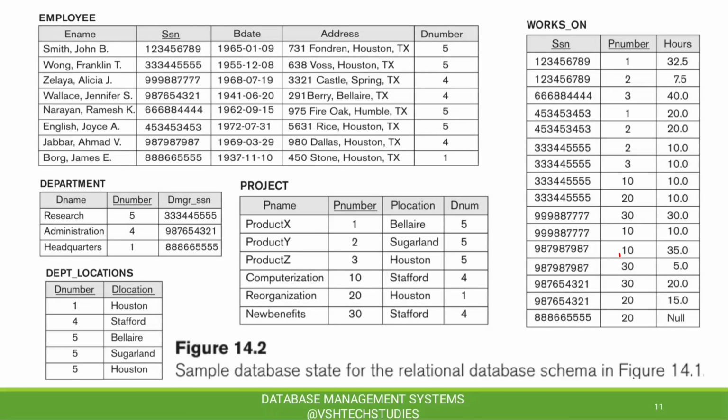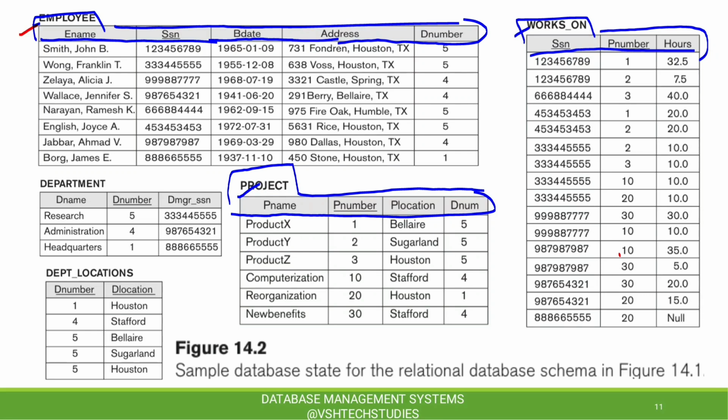Now instead of the EMP_PROJ relation, consider three relations which are not violating guideline 1. The first one, employee, project and works on relations. So the relation schemas of these, if you see, the employee relation schema has the attributes E name, SSN, B date, address and D number, the department number to which the employee belongs.